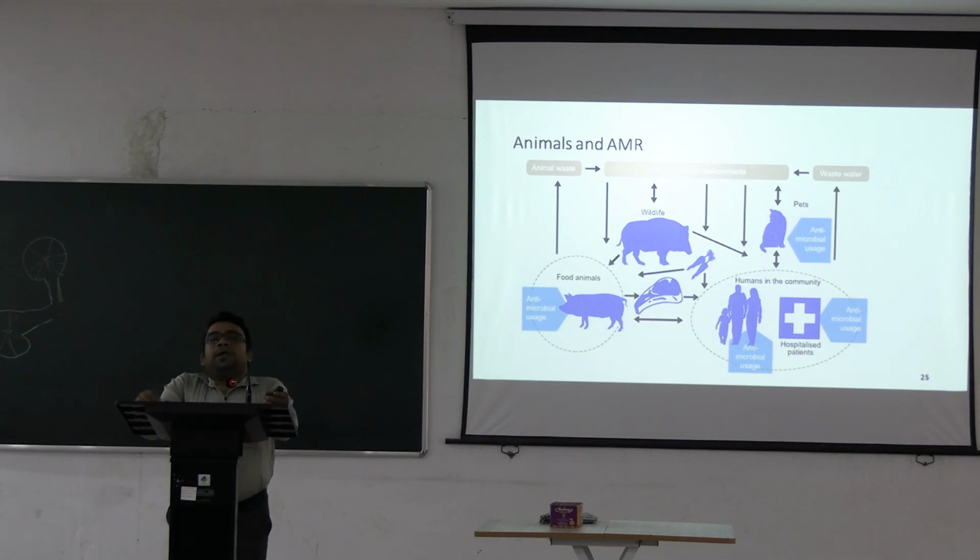WHO, through many trials and studies, has established two main important causes of antimicrobial resistance. First is the misuse of antibiotics and overuse of antibiotics. When I say misuse, it means use of improper antibiotics, and overuse means use of antibiotics when not required. And this phenomenon is occurring not only with human beings but also in the veterinary sciences.